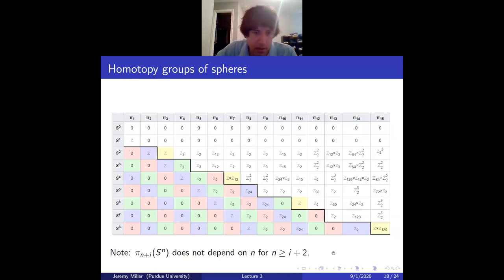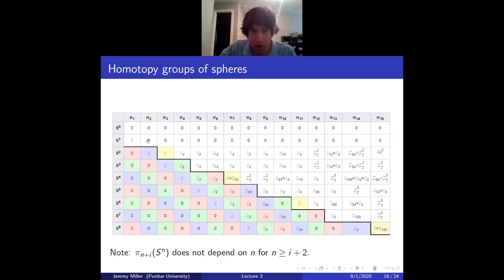But the only obvious pattern other than we got zeros for i less than n is that if you go out on a diagonal of slope 1, it's eventually constant. So here it's always Z. Here it's eventually Z mod 2.